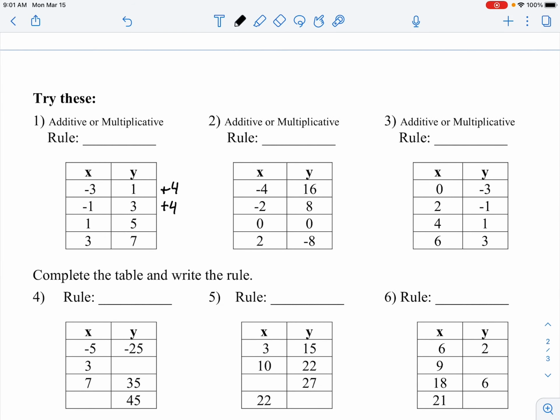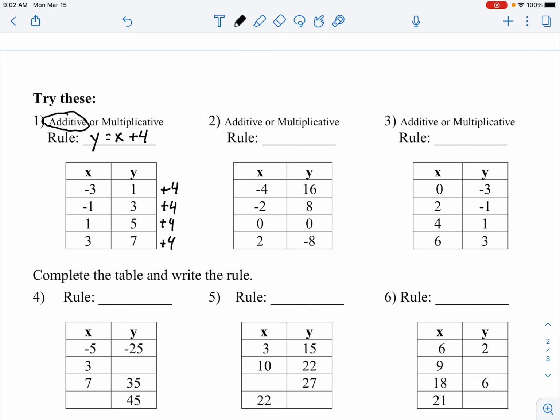That's also +4. 1 to 5 is +4. And 3 to 7 is +4. Look at that, we got lucky there. You might have to test two different things here. So that is additive. And we get to our y by taking whatever x we start with and adding 4 to it. Pretty easy there.